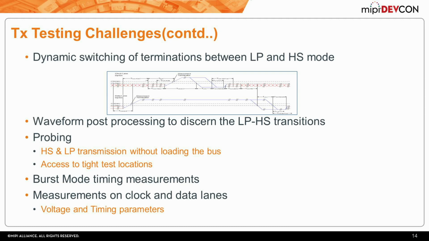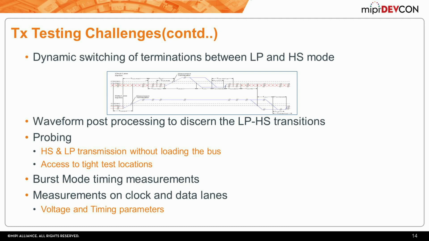And then coming to probing, given that the LP and the HS receiver see different terminations, the probe should not load down the bus. So the probe needs to be a higher impedance probe. And in the case of mobile designs, you always have a challenge of access.